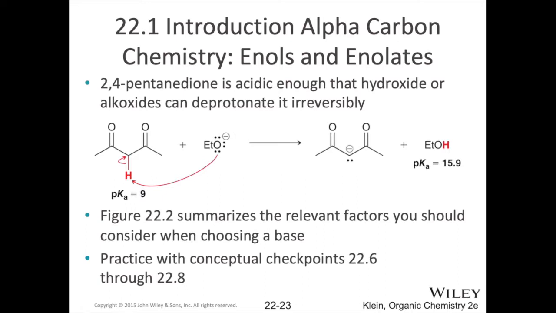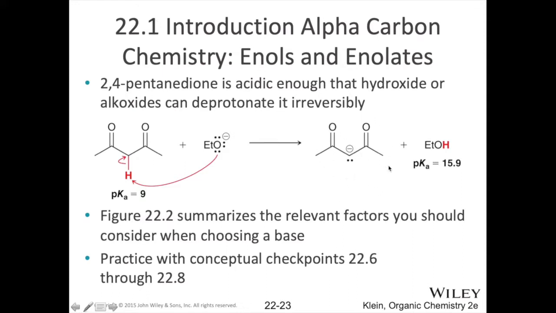Okay, so due to that low pKa, if we try using ethoxide again as our base, now notice that here our pKa for our ketone is much lower than that of ethanol. So instead of this being an equilibrium where we have both our ketone and our enolate present, this reaction pretty much goes one way towards the products, right? We only form this enolate.